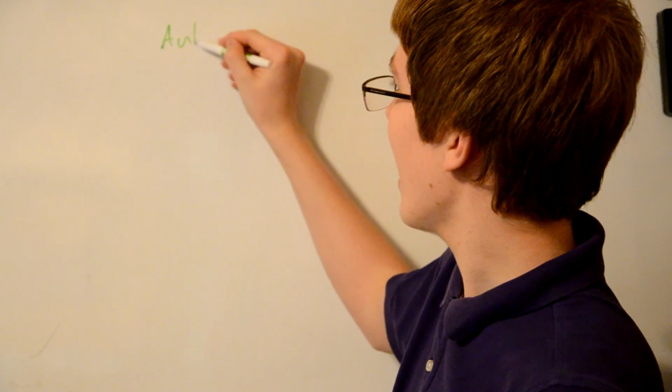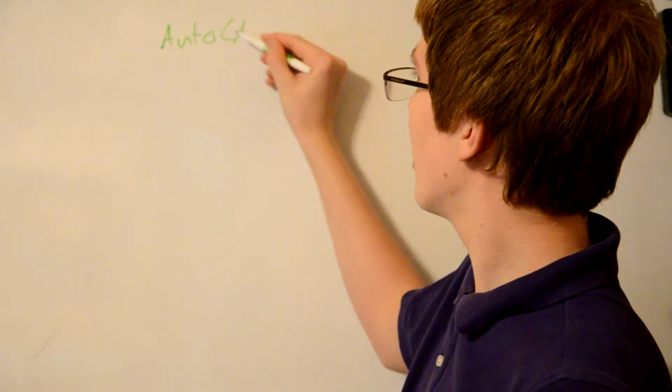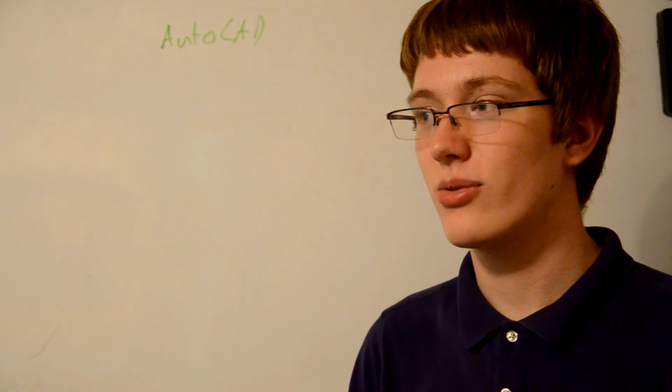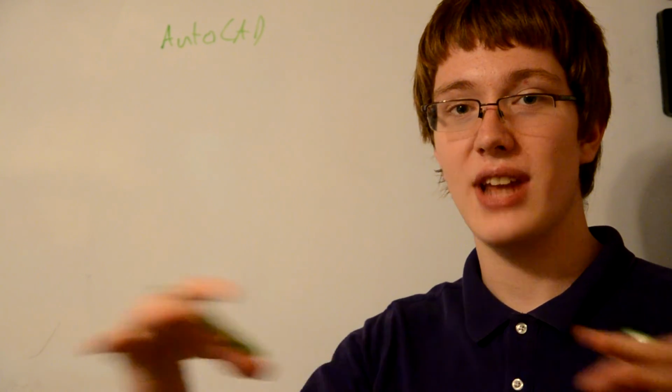One of the primary examples I can think of right now that uses direct modeling is AutoCAD. And AutoCAD is a great program, and it's really versatile, especially with all the other Autodesk programs such as Fusion 360 and stuff that you can use.